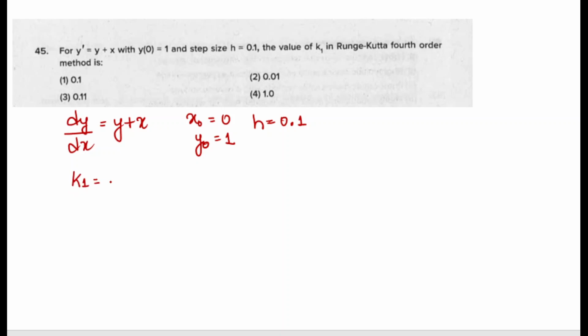The value of this k1 is h into f of x naught comma y naught, means y naught plus x naught.